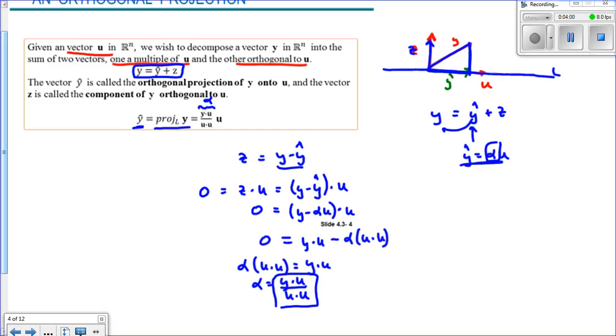Okay, so that's how we'll find y hat, and once we get y hat, we'll simply find z by taking y minus y hat. So y minus y dot u over u dot u times u. This is called the projection of y onto u, or onto the line containing u.